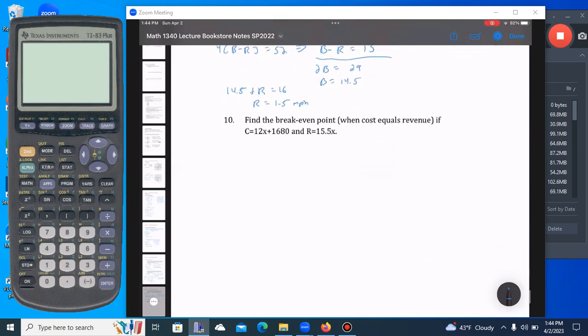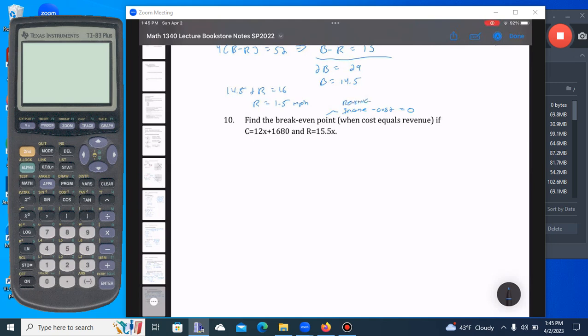Right. The last application question here is a break-even type of problem. Break-even being when your income and your cost equal out, ending up equaling 0. Income being revenue.